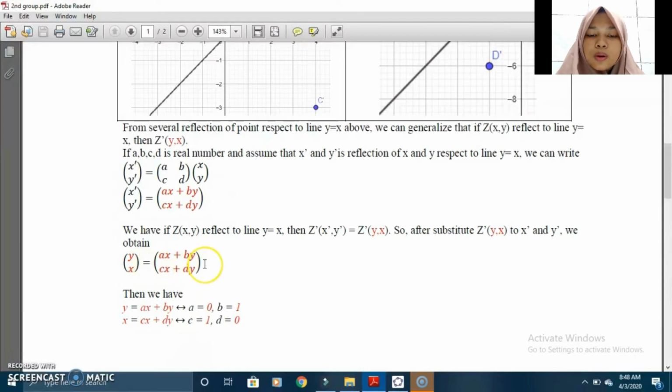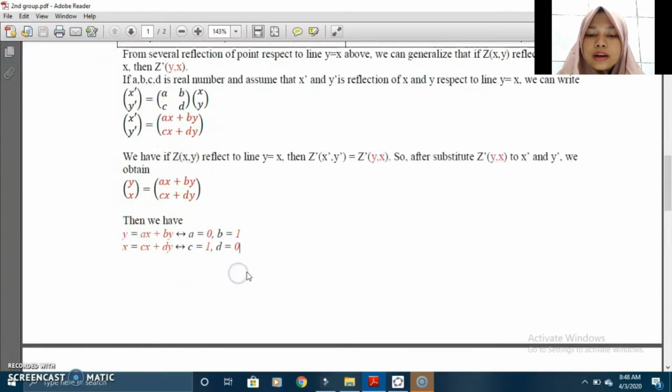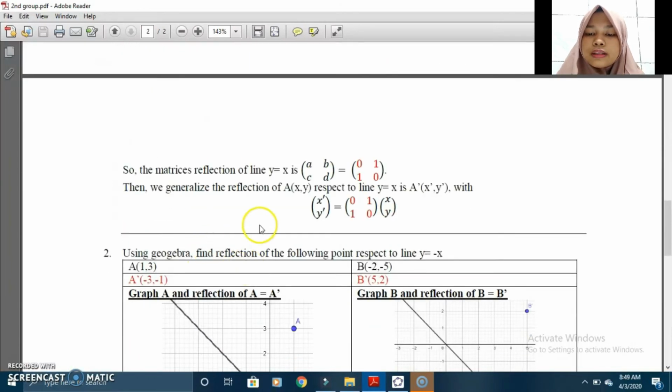And we can form two different forms from this matrix. The first form is y equals ax plus by, and the second form is x equals cx plus dy. For the first form, we have a equals 0, b equals 1, and for the second, c equals 1 and d equals 0.